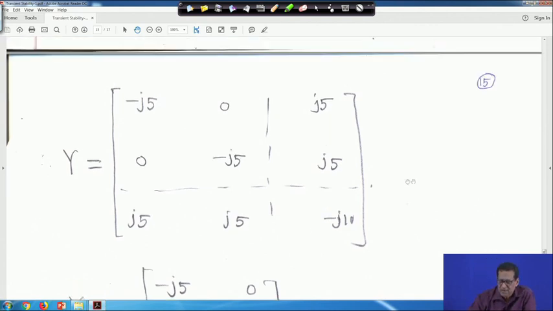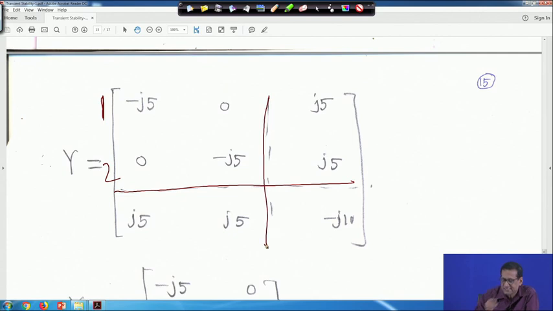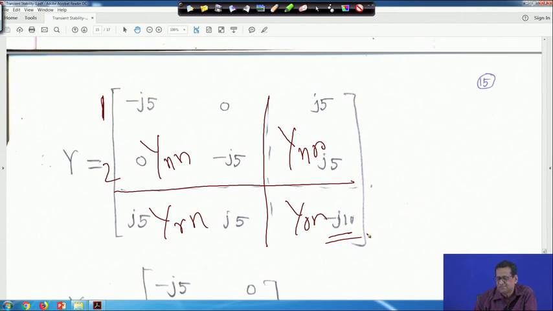Now, in this example you have two machines, that is why this is 1 and this is 2. So its partition should be like this. This is actually YNN, which is 2 by 2, n equal to 2, then YNR, then YRN, and YRR, only a single element in this case, because in the classroom we cannot take very big examples, but certain things will be shown.